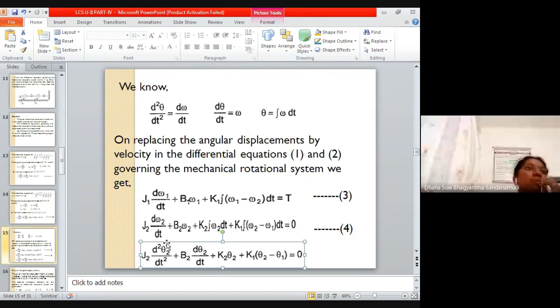If there is only omega, you must write d theta by dt, so B2 omega 2. Then K2 theta 2: theta is the integral of omega dt, so theta is replaced by this integral term. I hope you have understood.